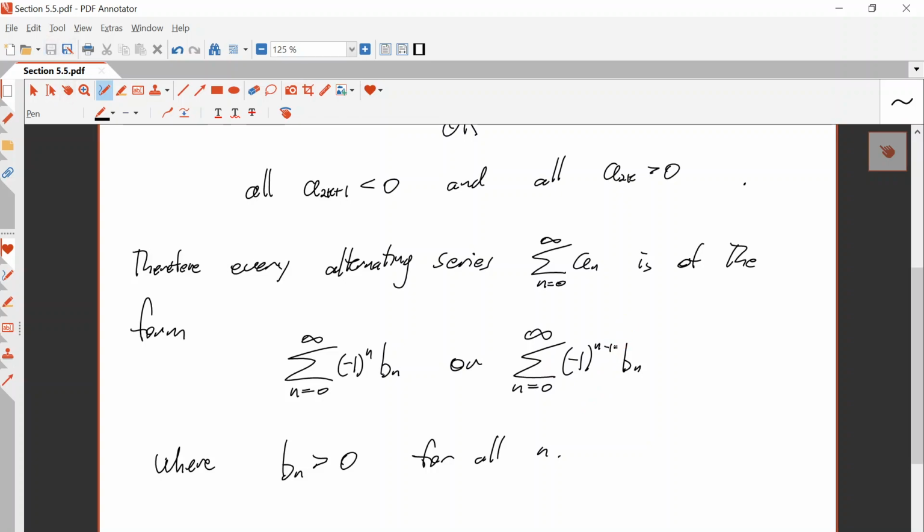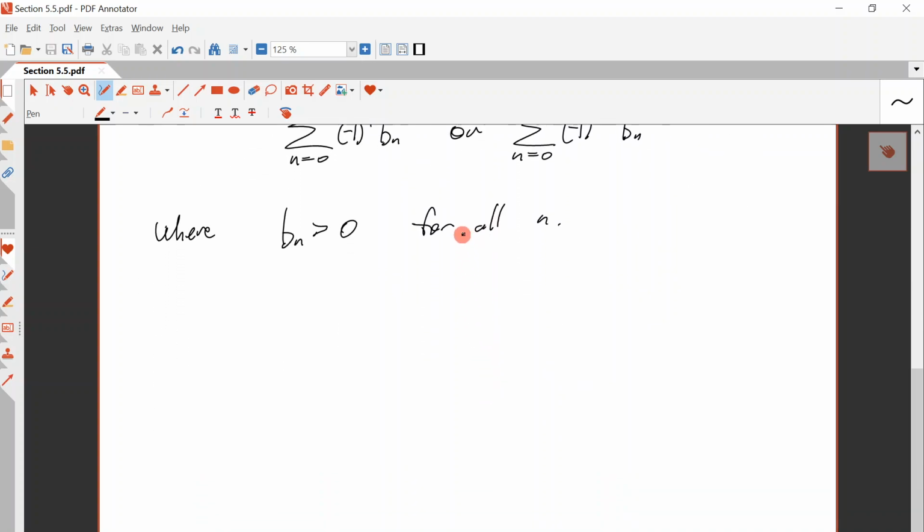Telling when an alternating series converges is a lot easier than for series in which all the terms are positive. So this is the alternating series test.